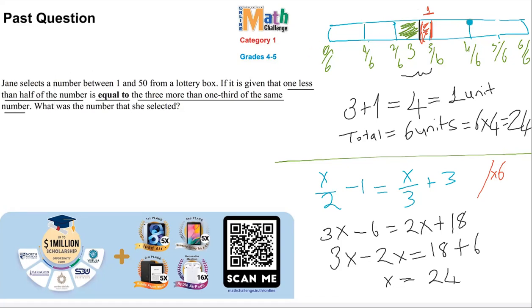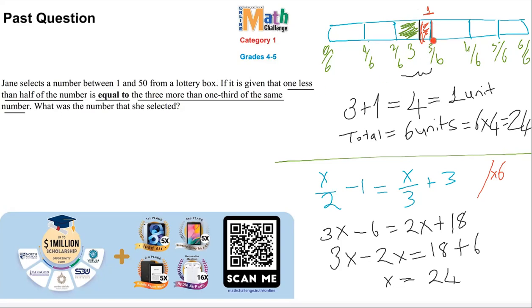If we divide our shape into 6 equal parts, we can understand much better, because this is half and these are 1/3, right?